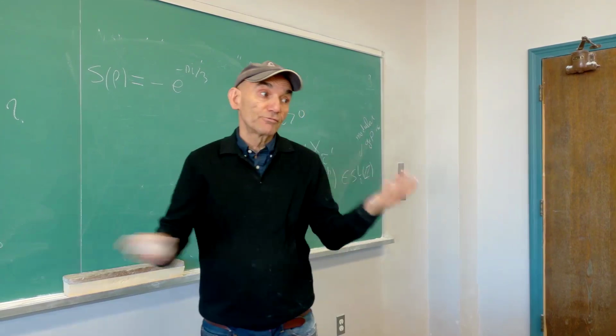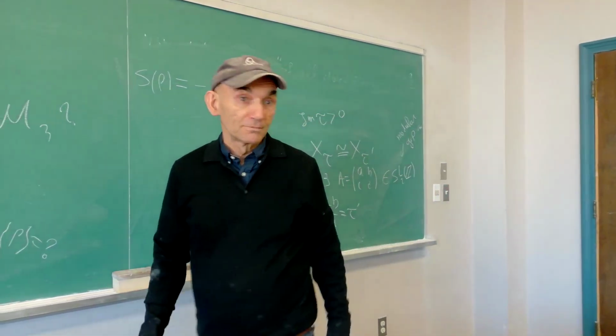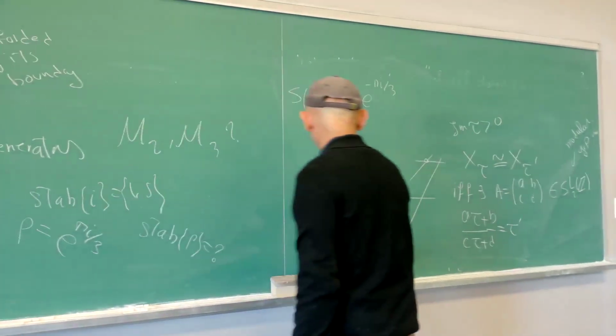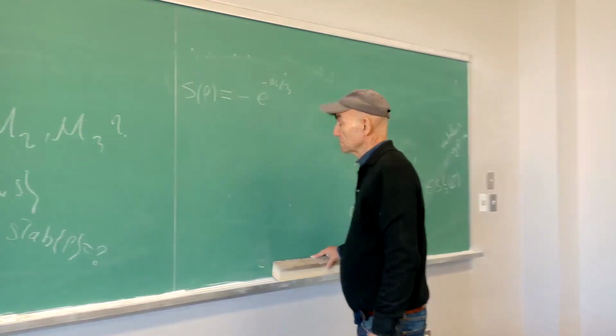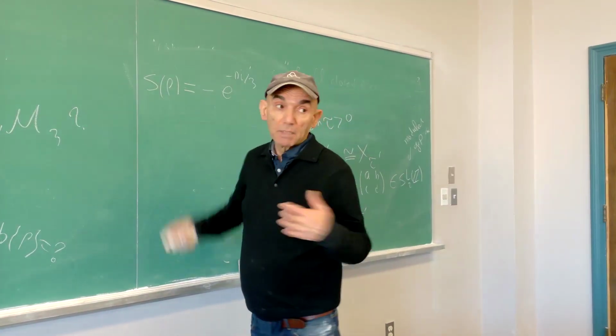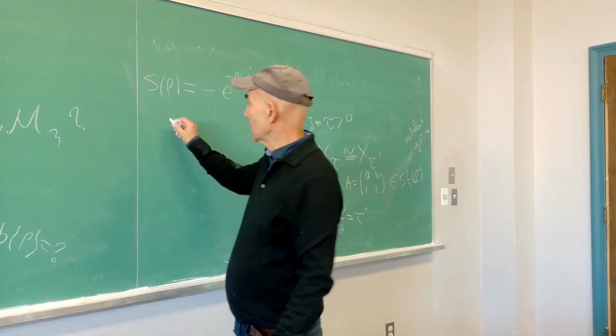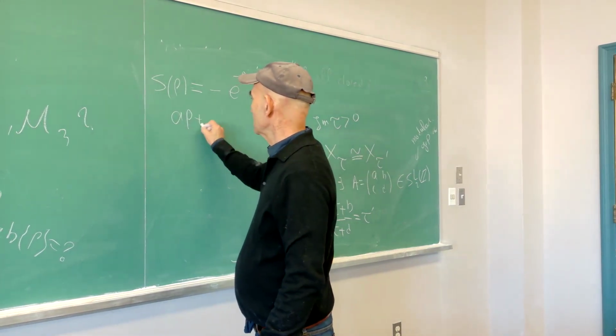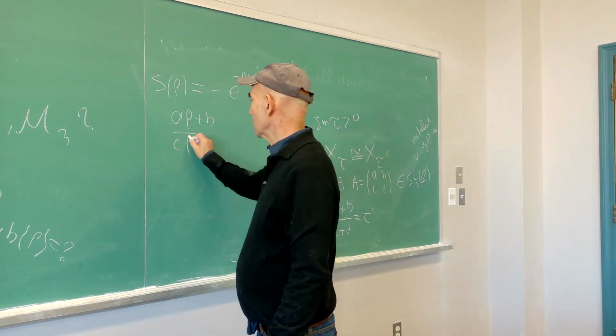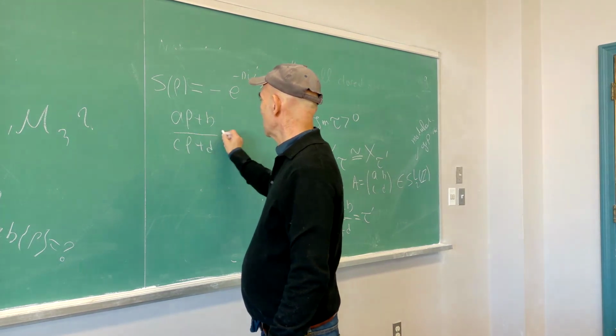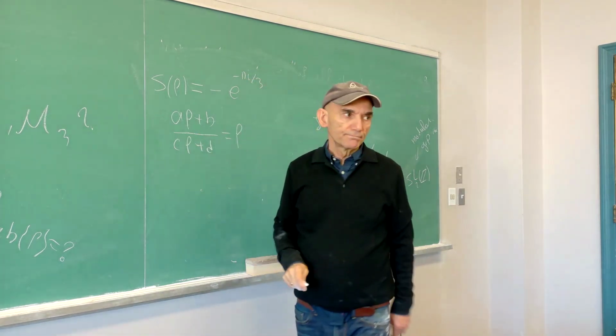We can actually try to find it. Why not? So I'm going to look at some ABCD such that A rho plus B over C rho plus D is equal to rho, right?